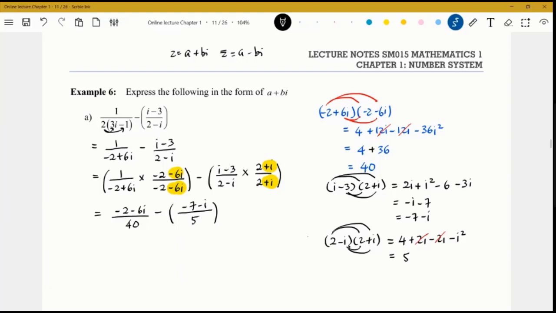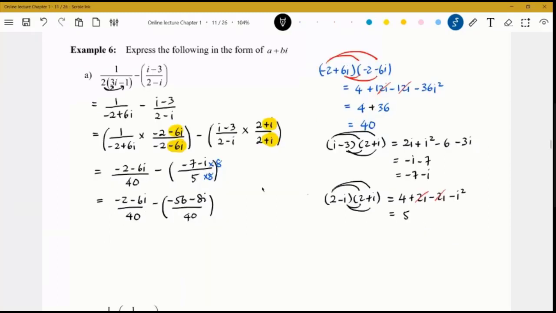Okay, now we have to balance up denominator. So we want to make it, denominator kamu adalah 40. It means you have to times with 8. You have to times with 8. So negative 2 minus 6i over 40 minus negative 56 minus 8i over 40. So at this moment, you have to be careful with this sign.